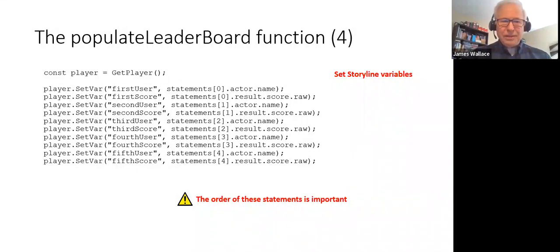And then we're going to set a bunch of variables from variables that we have in our JavaScript routine. And the order of this is kind of important. You see, we're doing the first user and the first score, second user and second score, third user and third score, and so on.